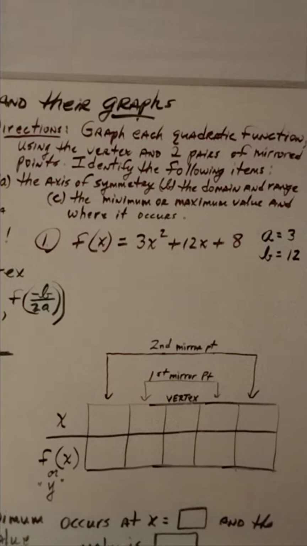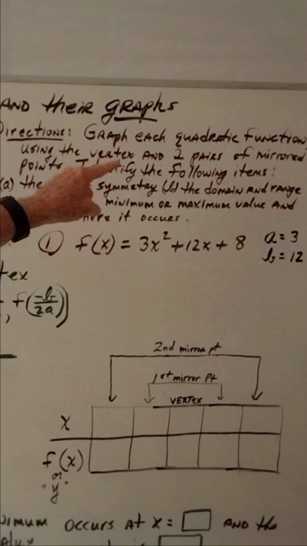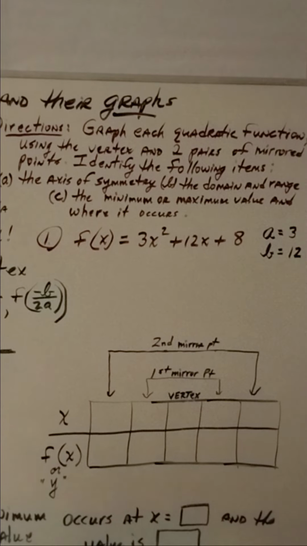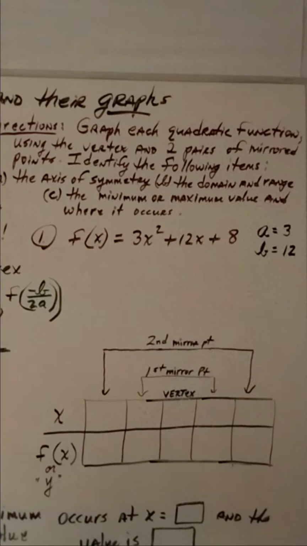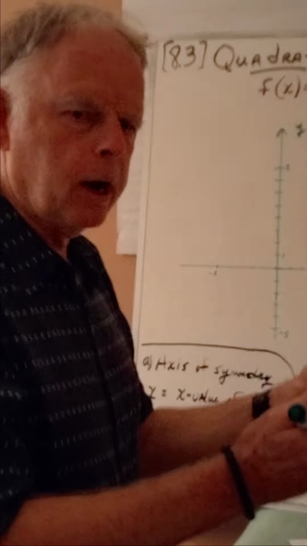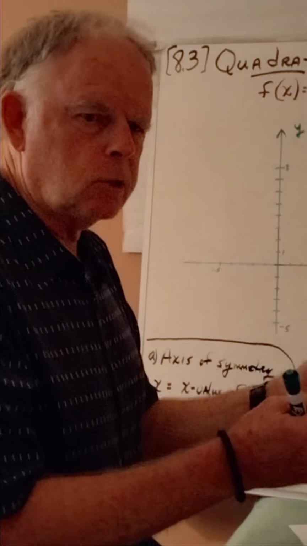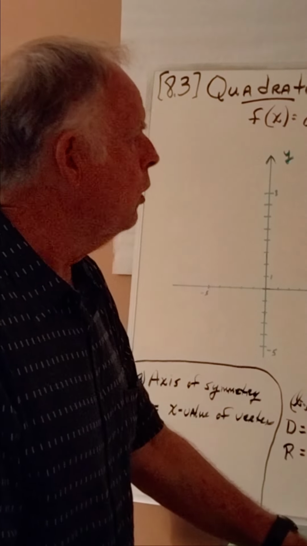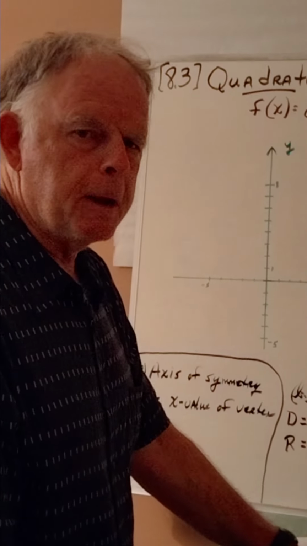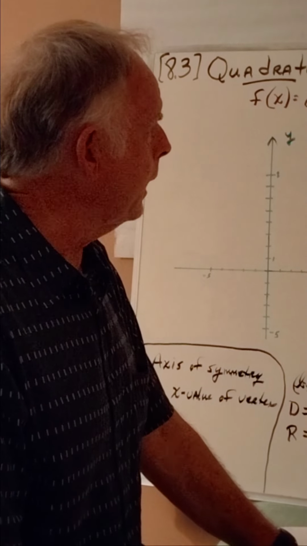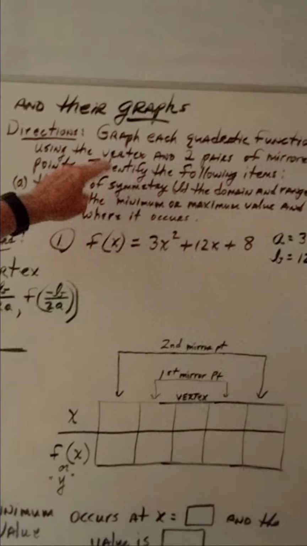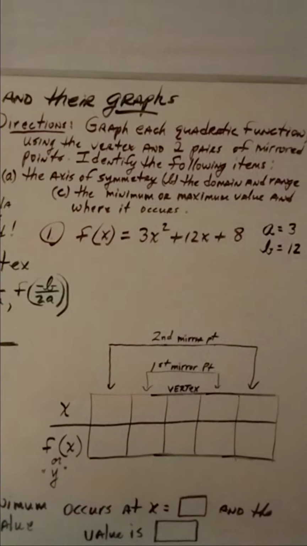That's point number 1. And then we're going to come up with two pairs of mirrored points. One ordered pair that's going to represent mirrored points, and a second one. A total of 5 ordered pairs are going to be plotted on the coordinate plane for us to come up with the finished graph.